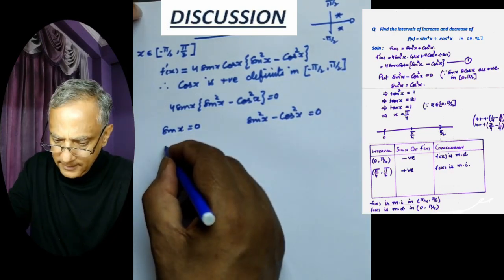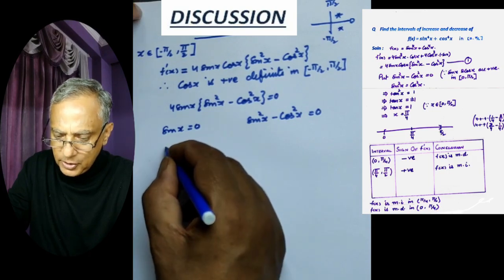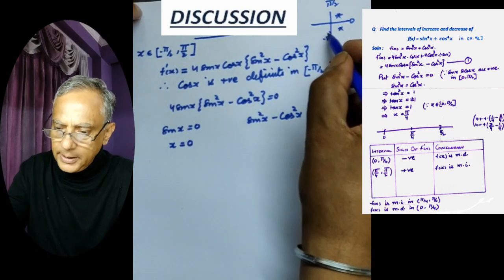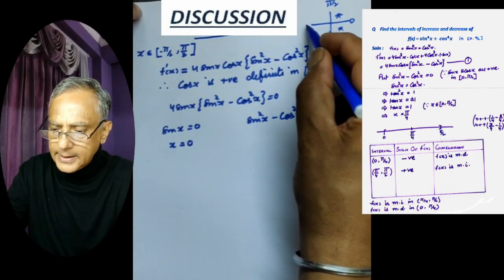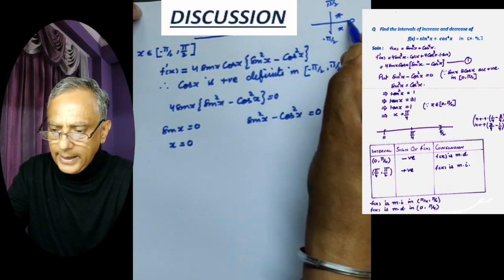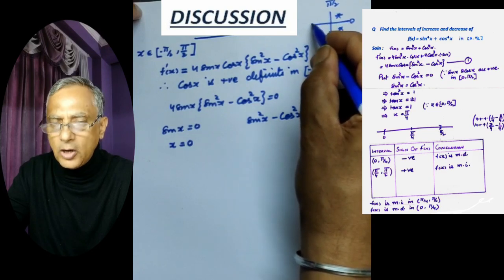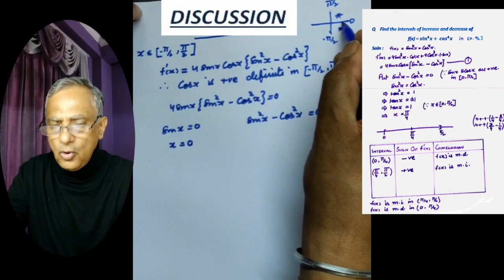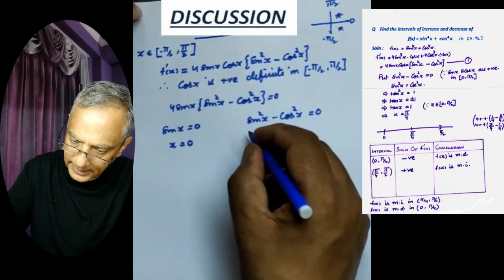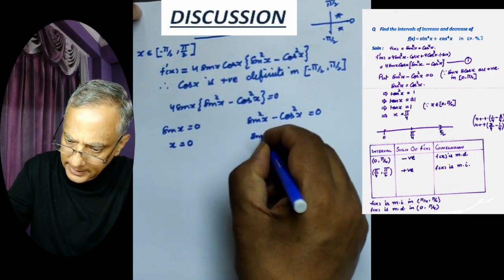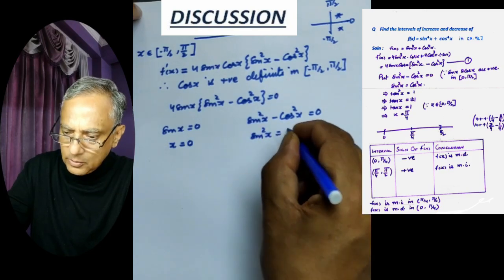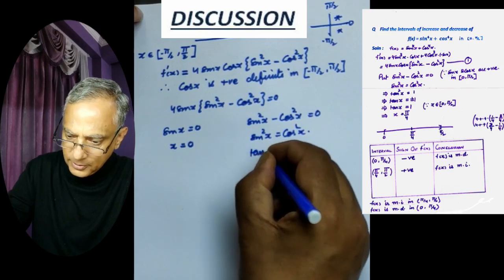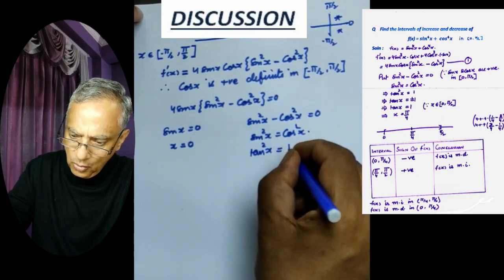Sin x is 0 implies x is equal to 0. In these two quadrants, sin x is 0 only on the horizontal line, so at x equal to 0 and π, but π is not in this interval, so we take only x equal to 0, and in this we have sin²x is equal to cos²x, that is tan²x is equal to 1.